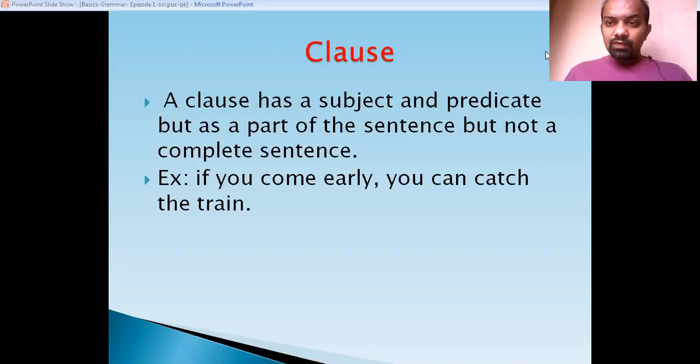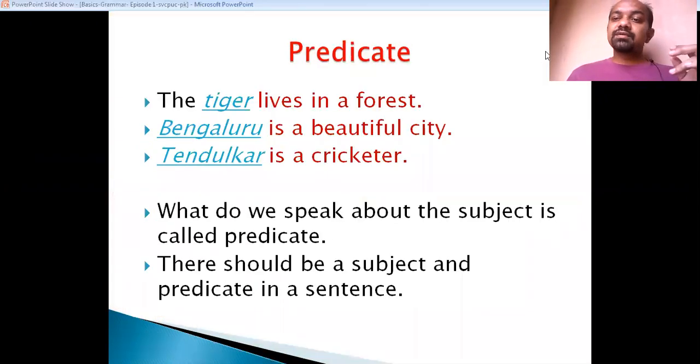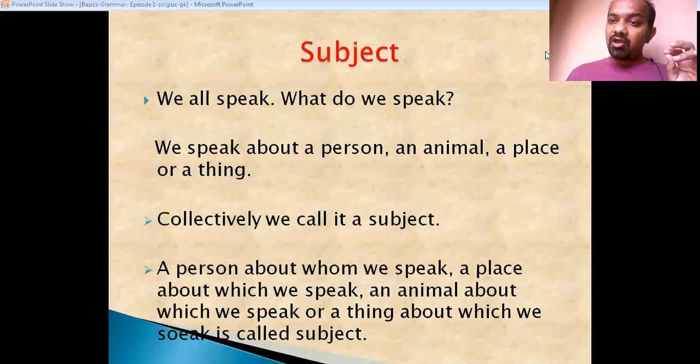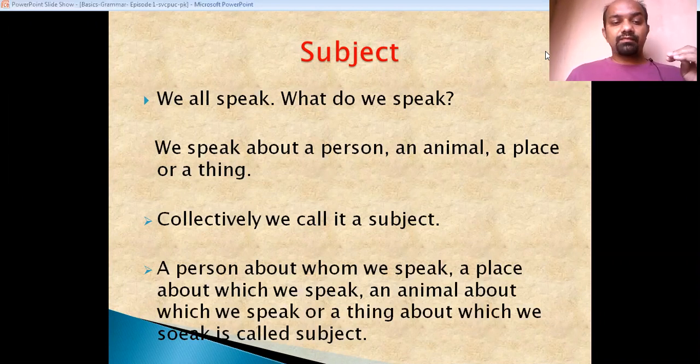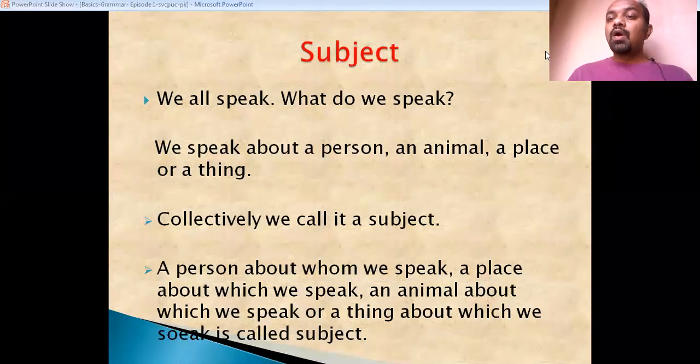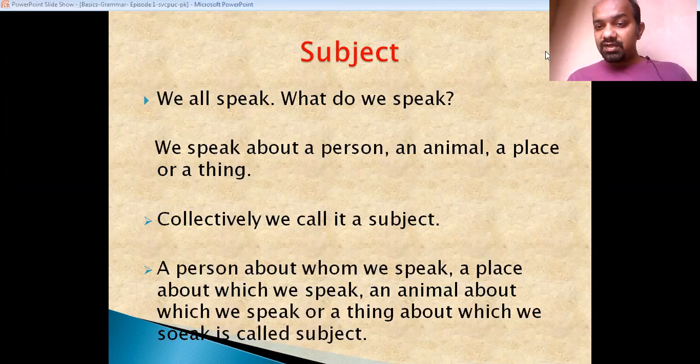Okay, so let me summarize what we learned today. We learned about a subject. What is a subject? We speak about a person or an animal or a place or a thing. Collectively, we call it a subject.